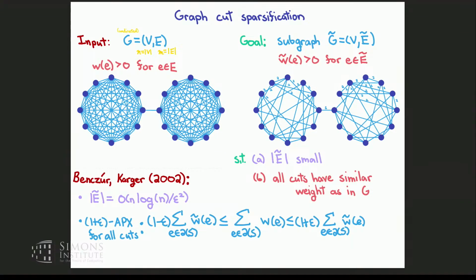And so, a very important result in this area, following a line of results, Benczúr and Karger showed that you can start with something close to n squared edges, but you can get it down to n log n over epsilon squared, and guarantee that for any of these cuts, I'll preserve the weight of the cut up to a 1 plus epsilon factor.